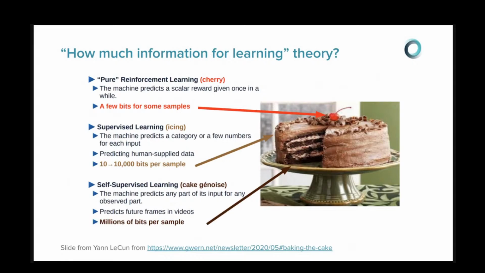In reinforcement learning, you give the model very few rewards, maybe just a good or a bad, and the model has to do a lot in the background to get that reward, so the model only gets a few bits of information where it then knows where it stands and how it should adapt. Supervised learning he compares to the icing of the cake, which is the outside. And self-supervised learning is then the biscuit, where you can leverage a little bit more of the information content of the data. This is also the structure the model needs to learn.